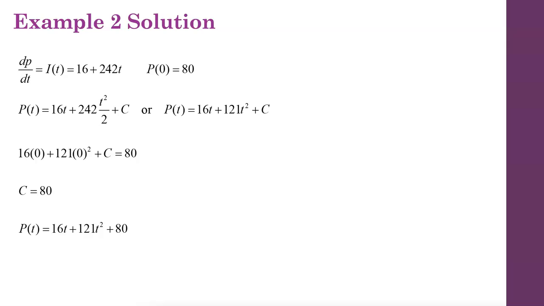That's 8 years from the day we started our model. So I can find the population in 1990 by plugging 8 in for my t. P of 8 is 16 times 8 plus 121 times 8 squared plus 80. And if I work all of that out, I get 7952. So in 1990, based on this model, there were 7,952 people infected in New York.